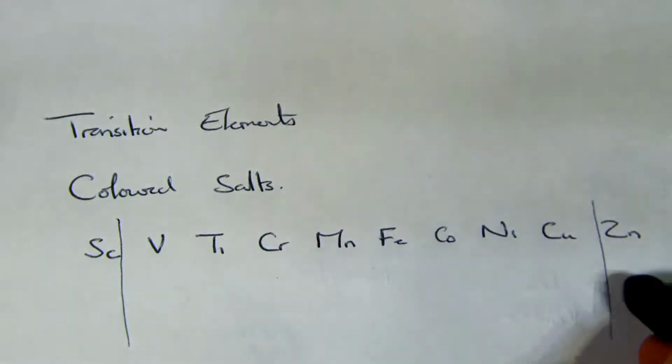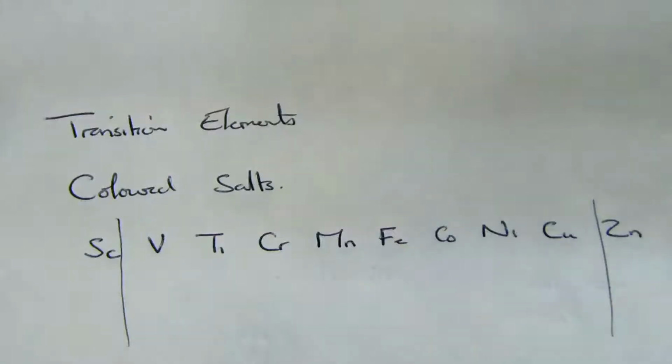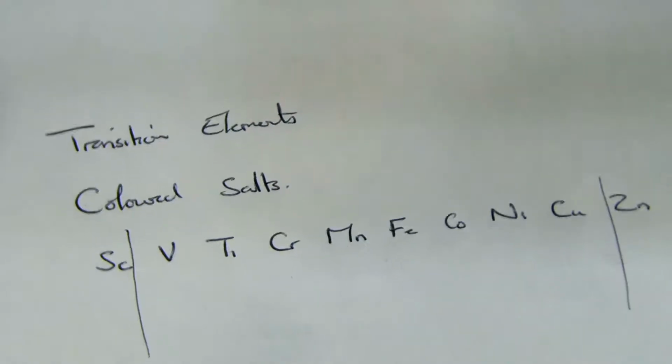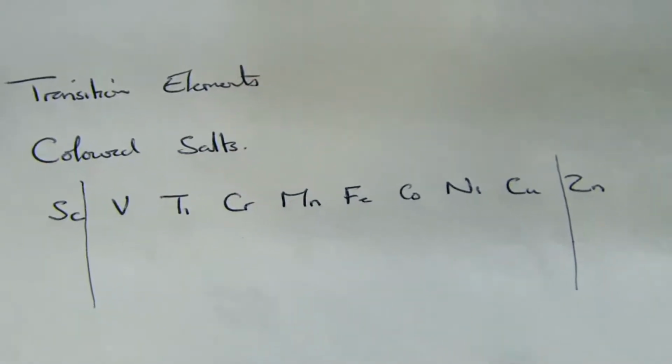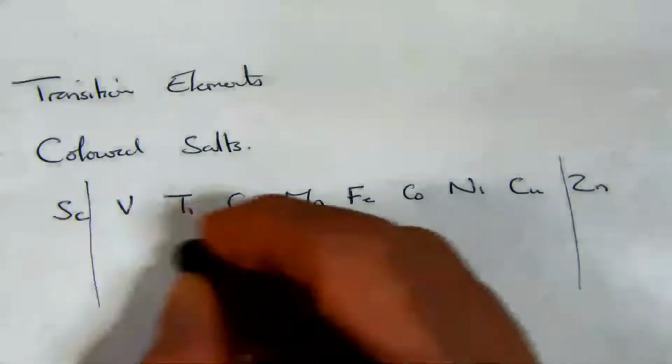Zinc compounds are white, except for zinc oxide. Zinc oxide's a really interesting one in that it is white, unless you heat it, in which case then it's yellow. And I haven't really got time here to try and show you that now. Maybe another time. So all of these have got coloured salts.